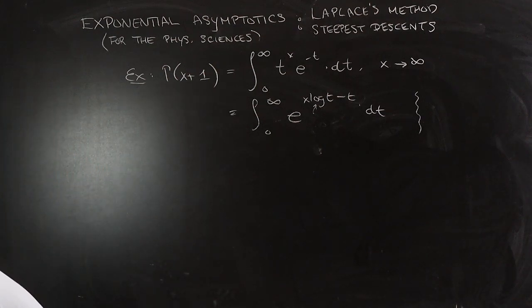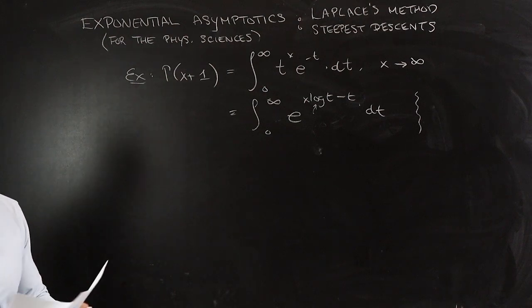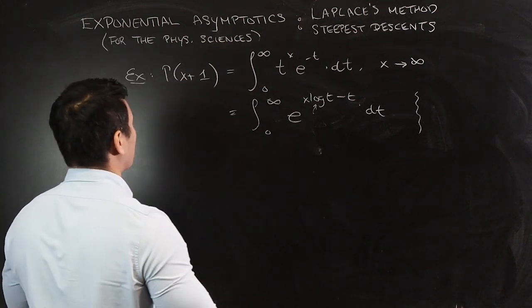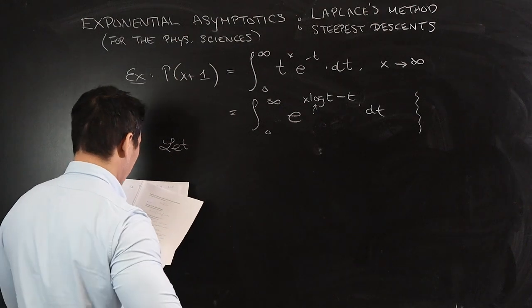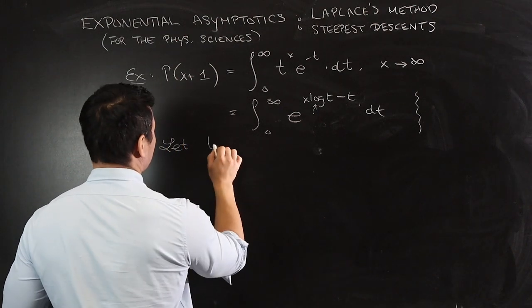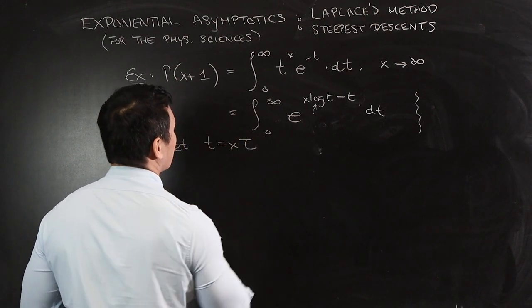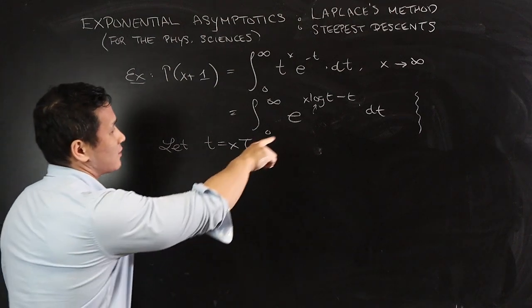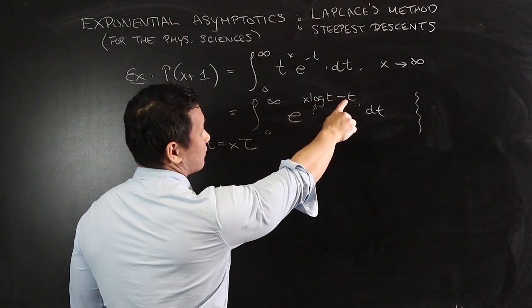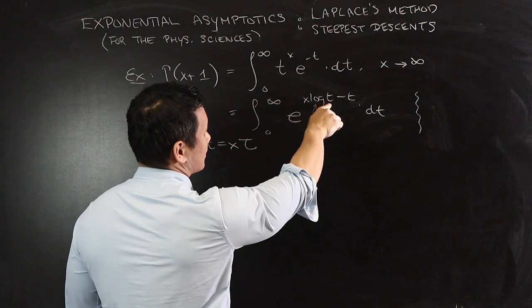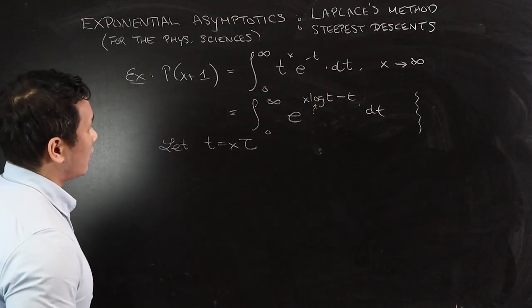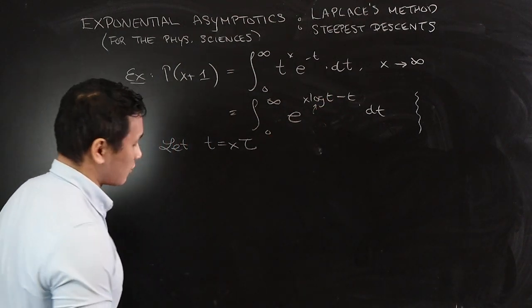Let me see if I can find the substitution. So I'm going to let t be x tau, which essentially makes this t then give me a factor of x here, and I can use logarithms to expand as log of tau.